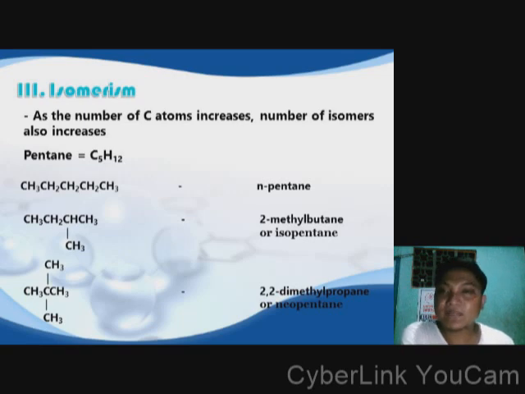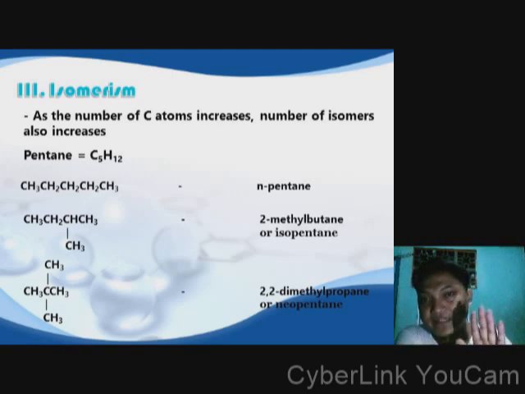Okay. Pag sinabi naman nating pentane, it contains of your, ilang carbon ang meron? That is your 5 carbon. Diba? 5 carbon ang meron doon. Okay. So, the molecular formula of your pentane is what? C5H12.